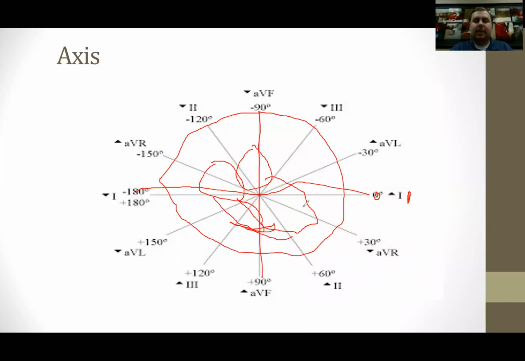Finally, based off my hexaxial leads, which there's 6 of them, I have 1, 2, 3, 4, 5. So I have 1 more lead, and it's aVR out here in no man's land. What aVR is looking at is the base of the heart, so kind of where the atria connect to the ventricles.